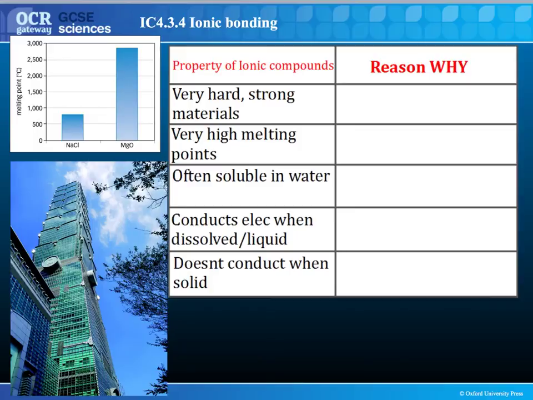However, these materials are soluble in water, and because the ions involved do have charge, when the ions are free to move, i.e. when they're soluble or when they've been melted, when they're molten, the ions can move in response to an electric current. So ionic compounds do conduct electricity when they're dissolved or when they're liquid. They don't, however, when solid, because those ions are then not free to move.